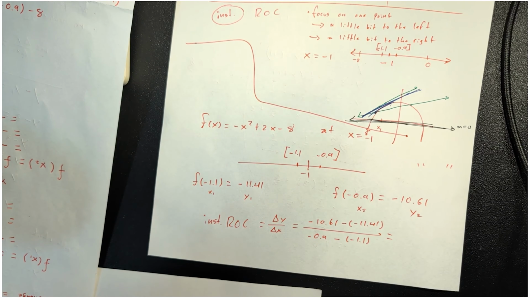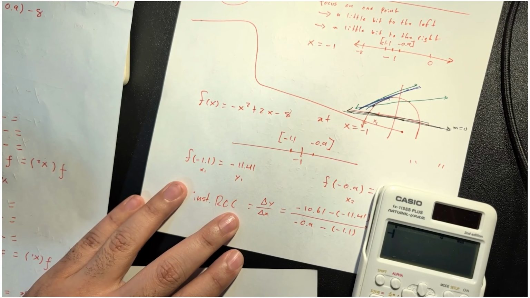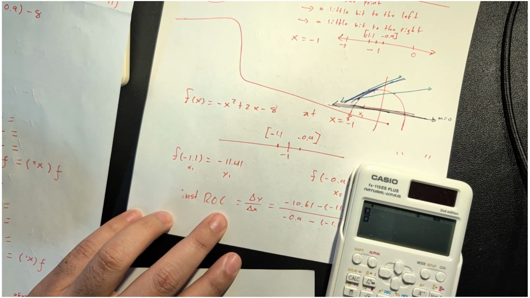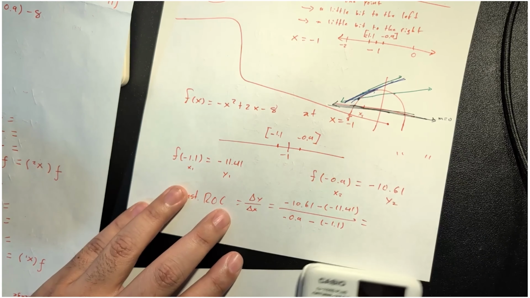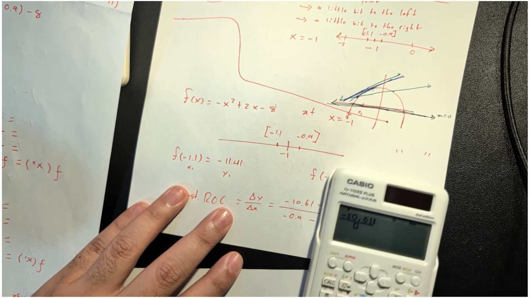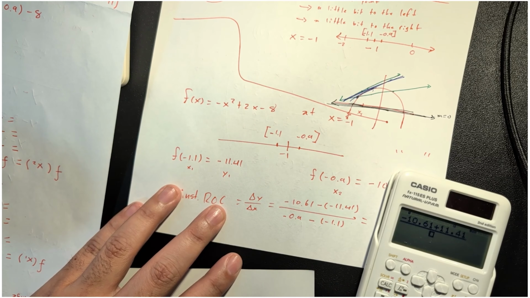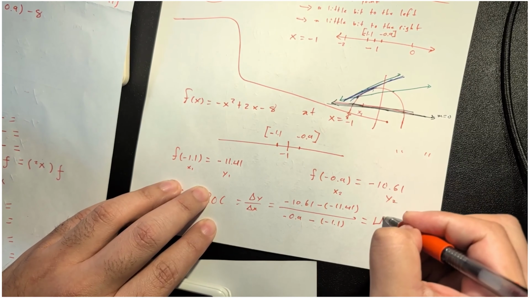Plugging this in, let's see, what do I get? Oh, this is a fraction, so we're going to do negative 10.61, double negative, so we're going to do plus 11.41, and then the bottom, negative 0.9, double negative, plus 1.1, and I'm going to get a value of 4.